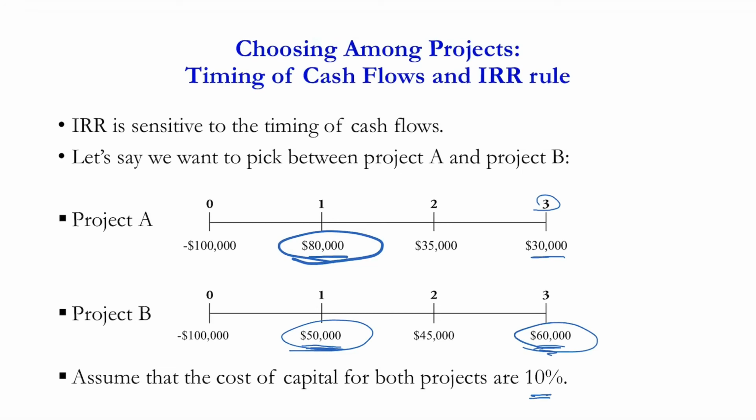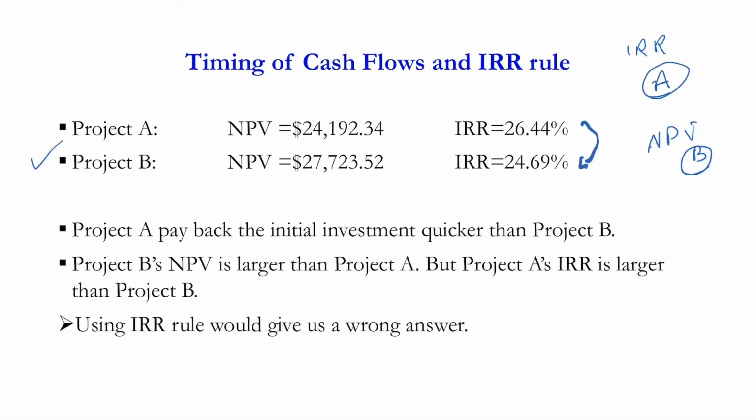IRR can give us a misleading answer because it's sensitive to the timing of cash flows. However, as we saw, the NPV of project B is larger, so we need to choose project B. Using IRR in this example would have given us a wrong answer. Again, to sum up, we always need to stick with the NPV rule.